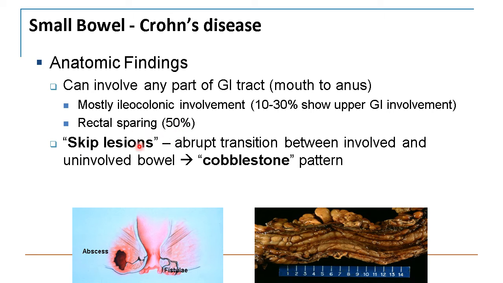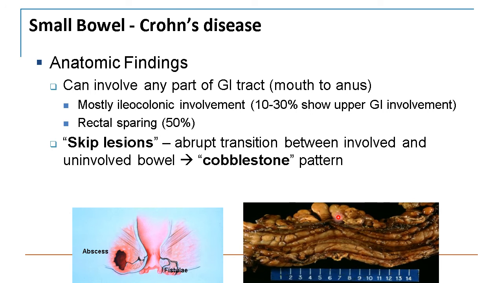A characteristic feature to remember is the skip lesion. Skip lesions are abrupt transitions between the involved and uninvolved bowel, leading to a macroscopic appearance called cobblestone pattern. This is in a closer view.